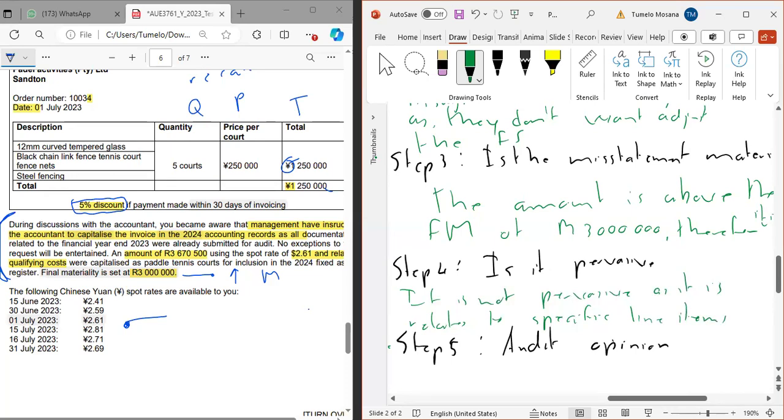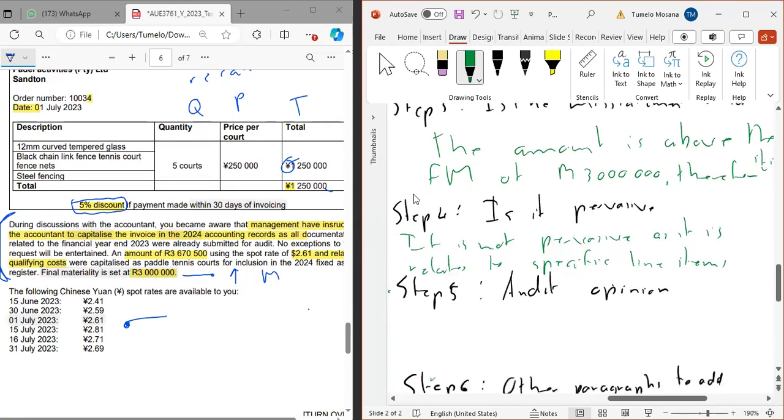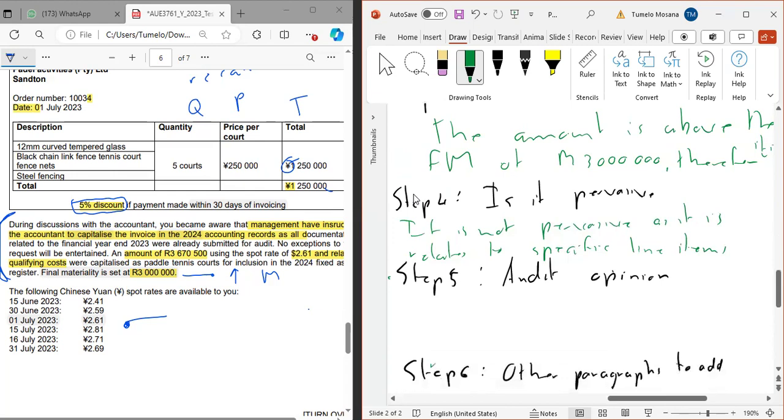Then, with our audit opinion, right? The fact that the audit opinion that you are going to issue is not free from any material misstatement, we can say that it is modified. So a modified opinion will be issued.